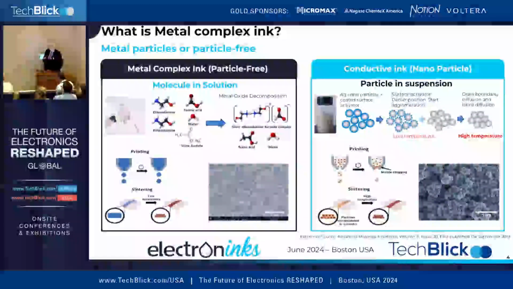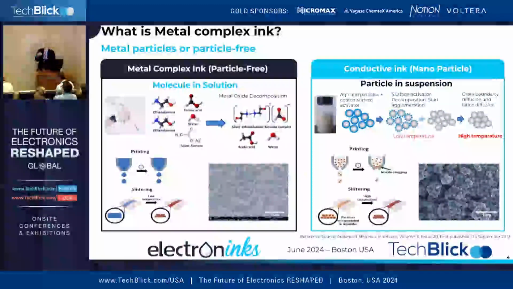A quick look at the difference between metal complex inks, or the MOD inks, and the conductive nanoparticle inks. With MOD inks, we dissolve a molecule in solution. So you get a molecule with a metal attached to it, dissolved into solution, and then it decomposes. When it decomposes on the surface, it prints out into a solid metal.